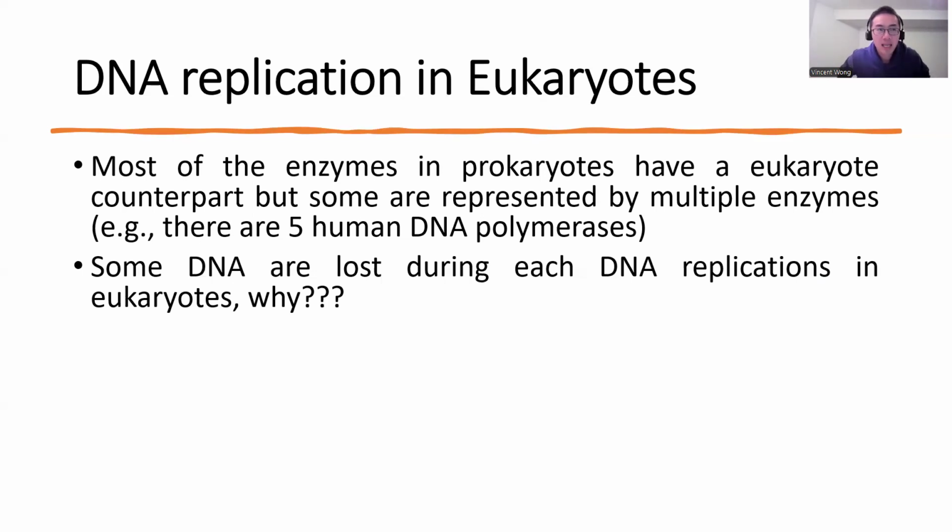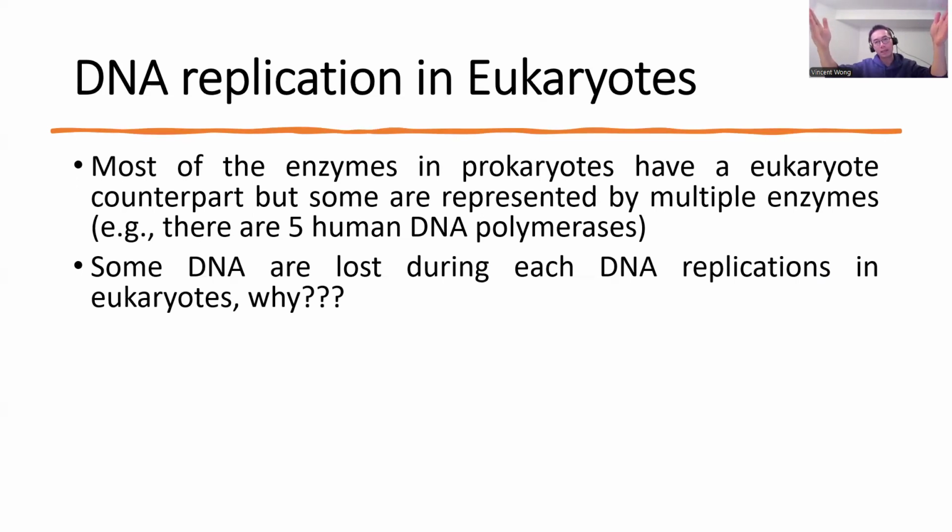And finally, the third difference, and it's something that we're going to spend some time talking about, is that every time eukaryotes copy their DNA, and that includes us, every time we copy our DNA, we will lose a little bit of DNA. So our DNA is linear, right? Let's say your chromosome is this long.